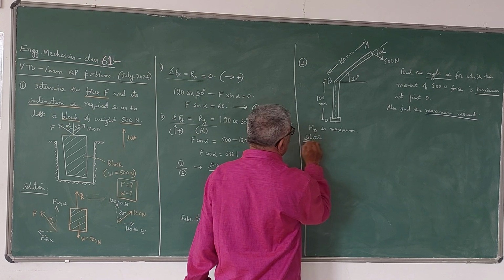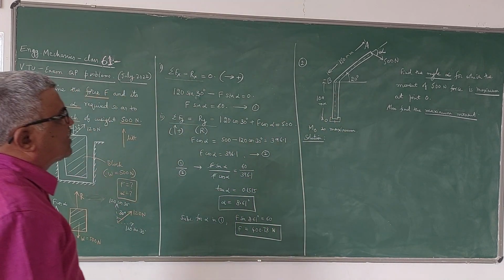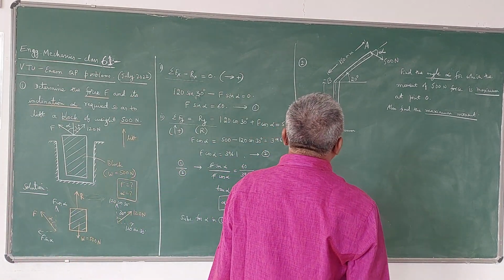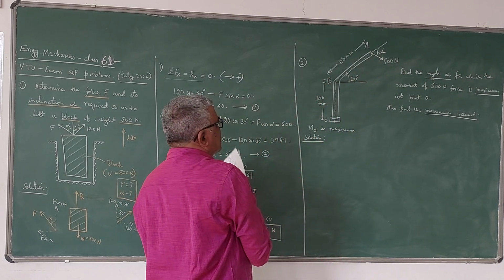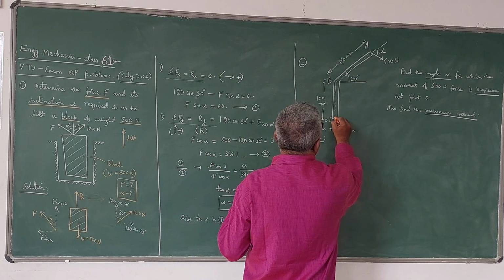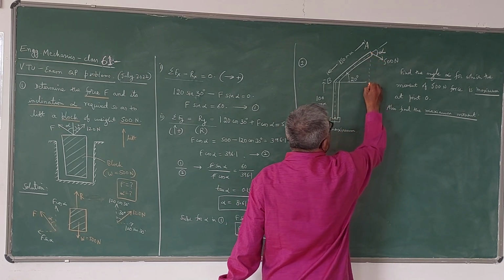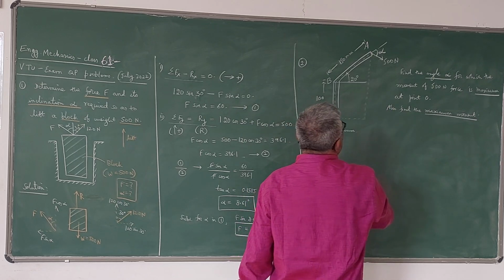Let us first find the expression for the moment of that 500 Newton force about the point O. So this is the point O. Now this is the distance. That is the point where that 500 Newton force is acting.